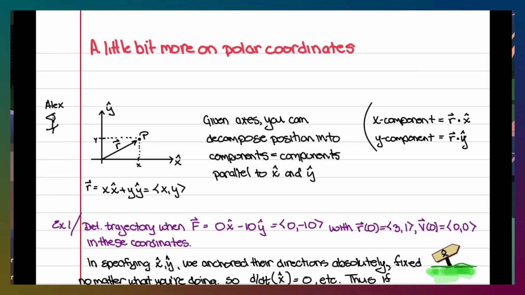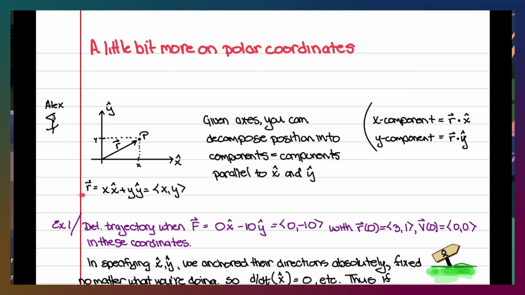I can put my axes oriented in some way, like I've done here, and I have my origin at some location. That then allows me to define a position vector that goes out to that point, and I can decompose that position into an x component and a y component, the distance that the object or particle is along each particular axis.